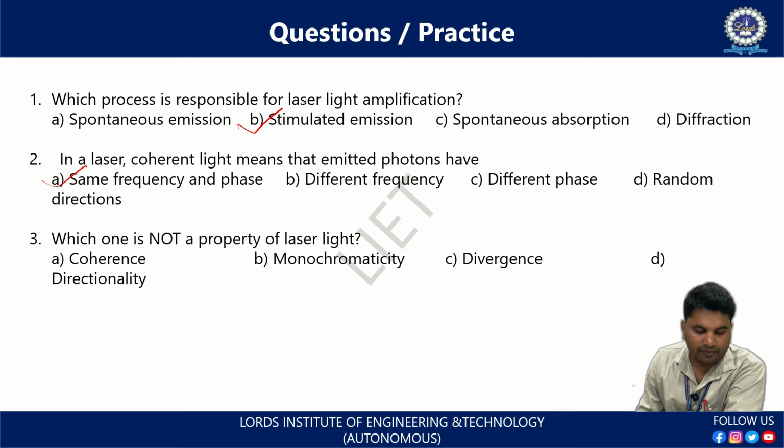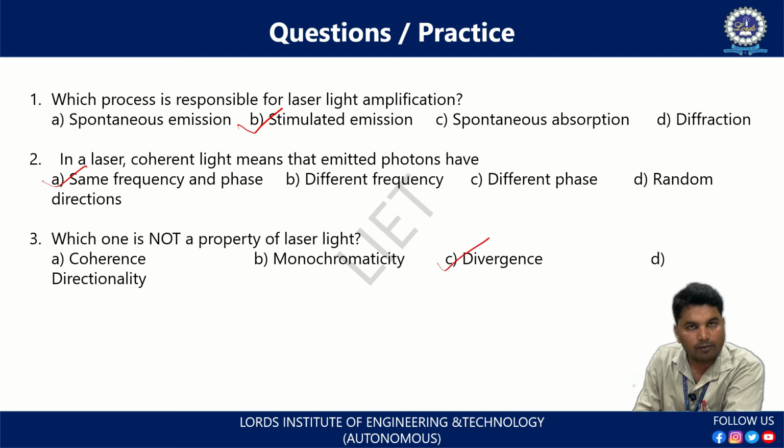Let's see the third question. Which one is not a property of laser light? So here the options are coherence, monochromaticity, divergence, directionality. And the correct answer is divergence.